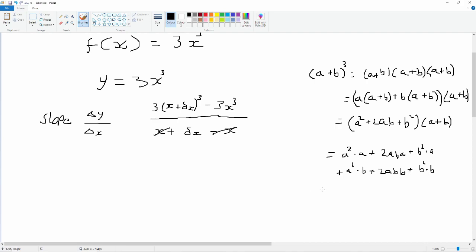And then simplify that. So a squared times a is a cubed. 2ab times a is 2a squared b, and this is a squared b, so 2a squared b plus a squared b is 3a squared b.